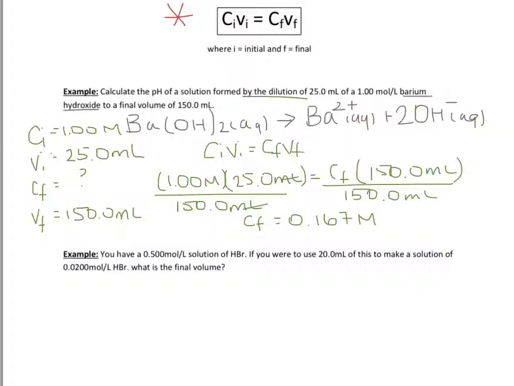However, in this section, we're looking for the pH. Notice that we've just found the concentration, finally, of barium hydroxide, so 0.167 molar. Notice that the relationship between these two is a 1-to-2 relationship, and we have twice as much hydroxide. So to get the concentration of hydroxide, we must multiply this by 2.